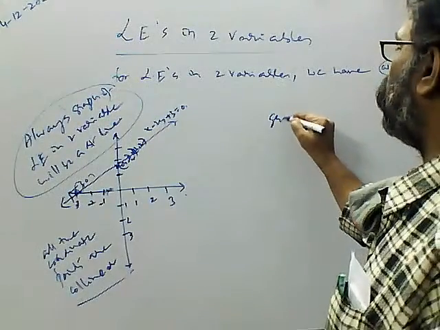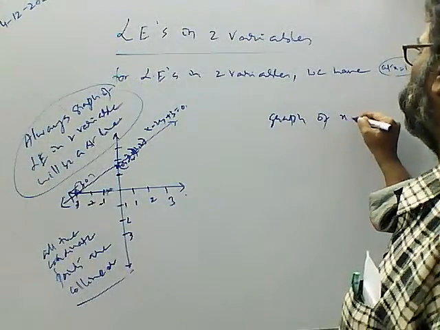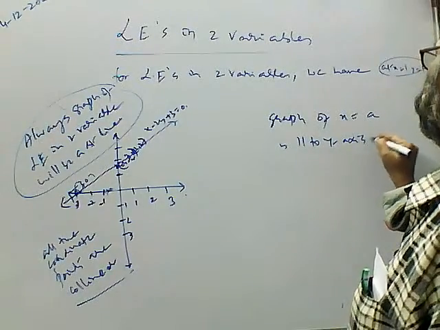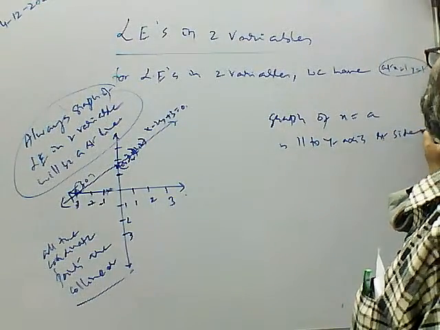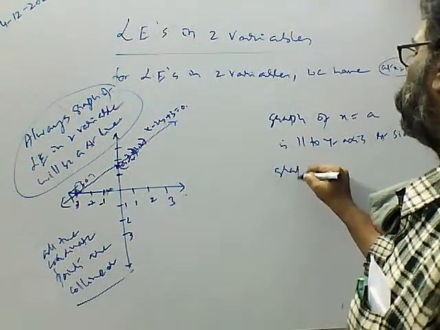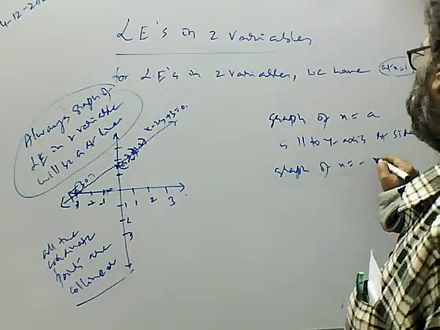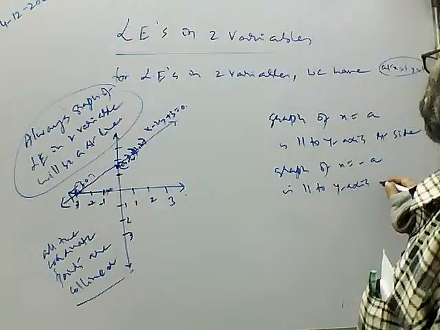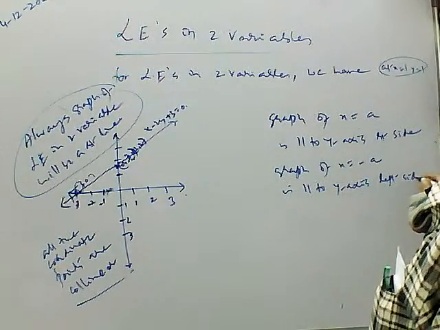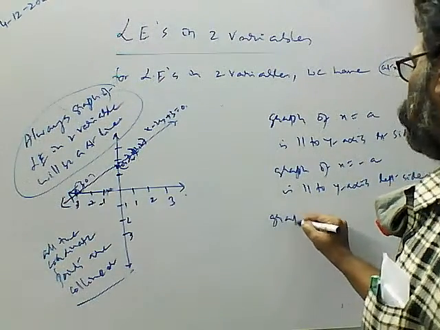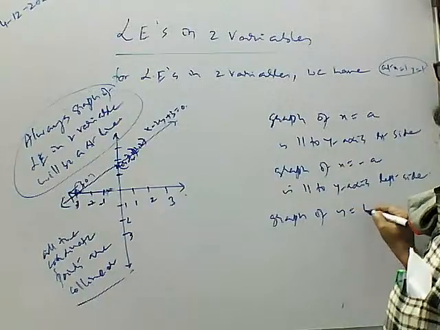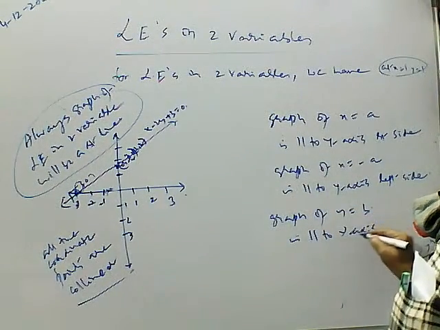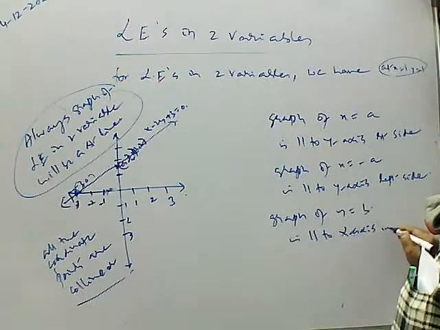Now, suppose the graph of x is equal to a is parallel to y-axis, right side. Again, the graph of x is equal to minus a is parallel to y-axis, left side. Similarly, the graph of y is equal to b is parallel to x-axis, upwards.